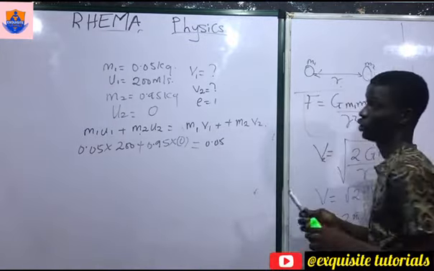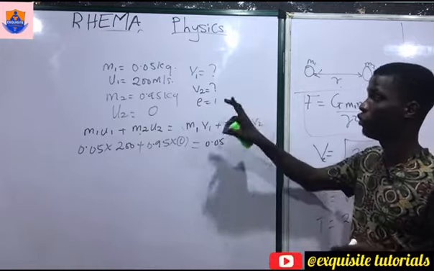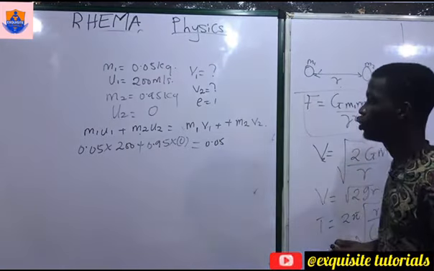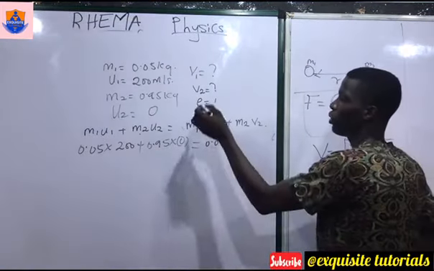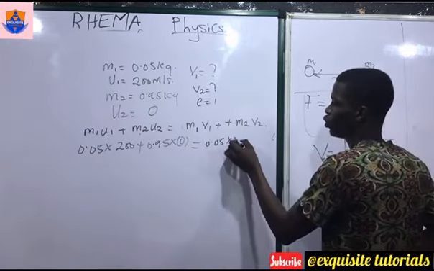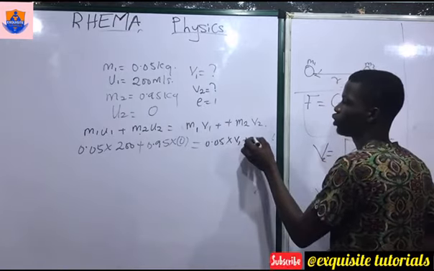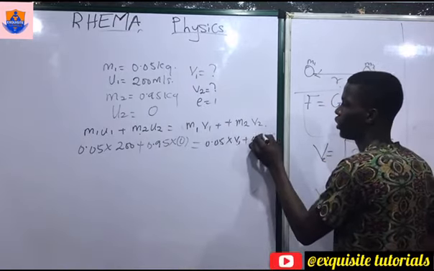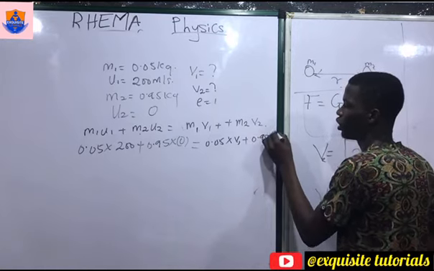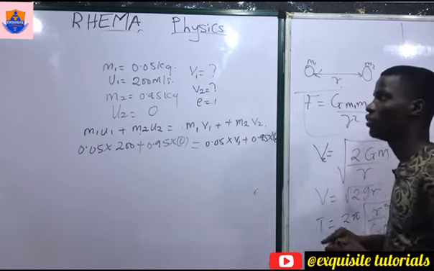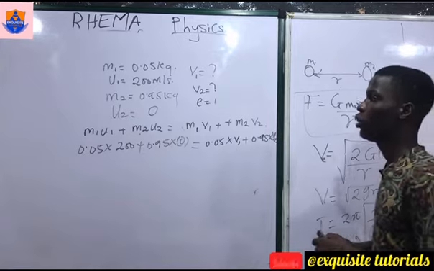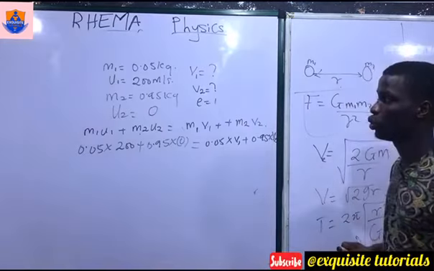Let me clean from here. I want to try and show you a question that involves a coefficient of restitution. Now, times our v1, which is unknown, plus v2, also unknown, but our m2 is 0.95. So how will you get the value for your v1 and your v2? We're given the coefficient of restitution.